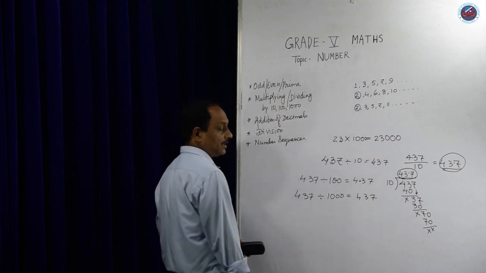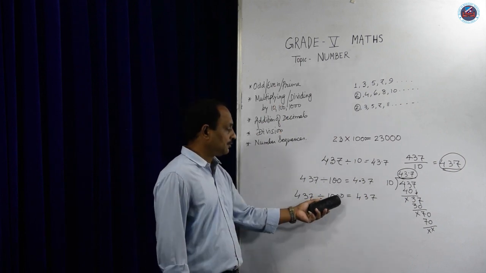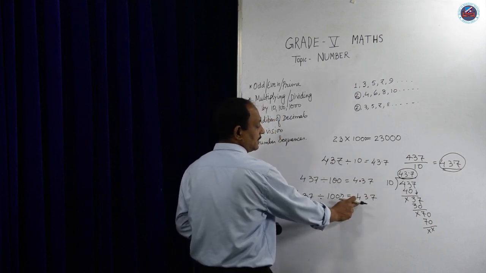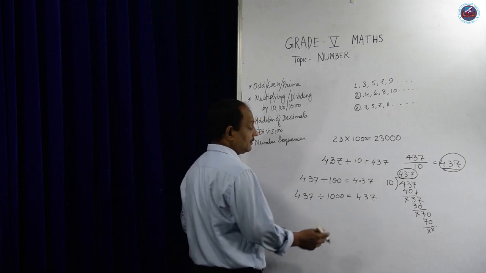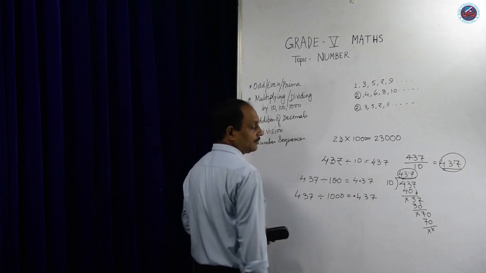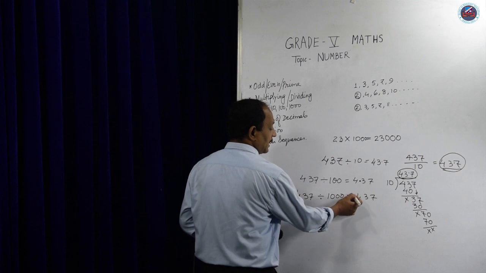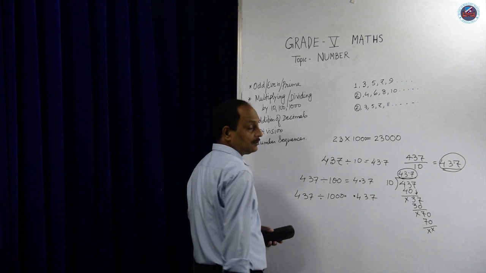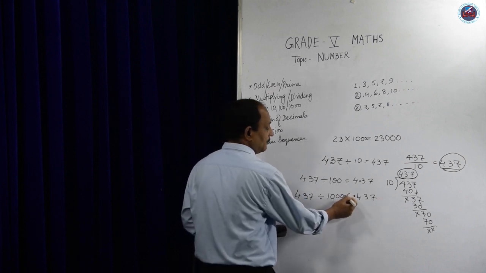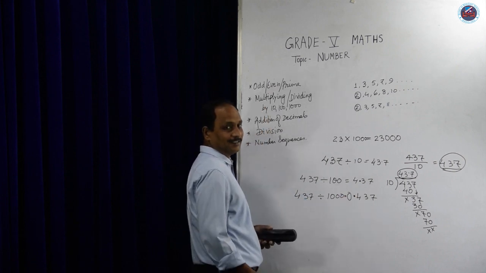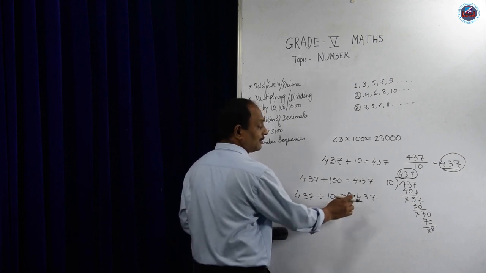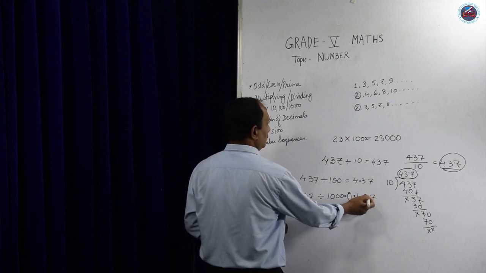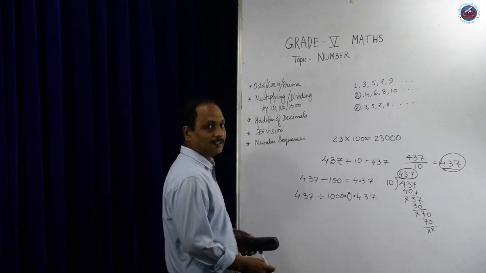Now here how many zeros are here? 1, 2, 3. So 3 places for the decimal. Then this side there is no number. So what we'll do? The small brother will go with the elder brother. That is called 0. It will not remain alone. So your answer will be 0.437. I think it is clear.